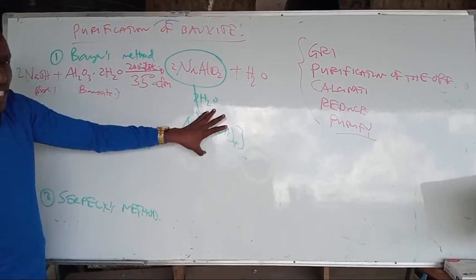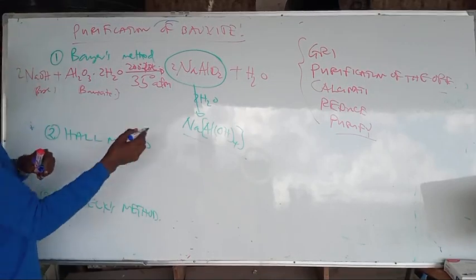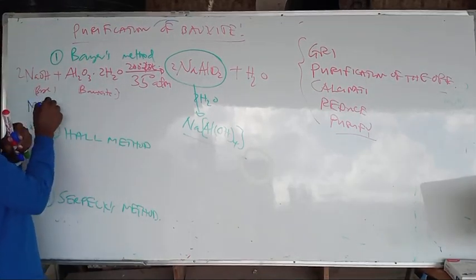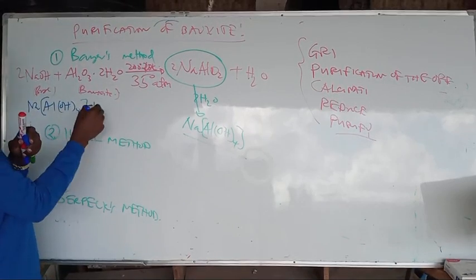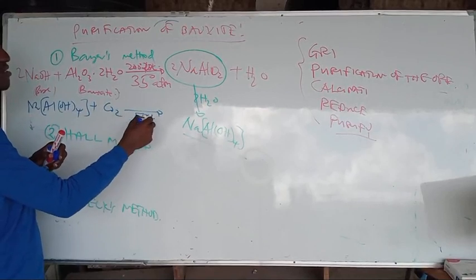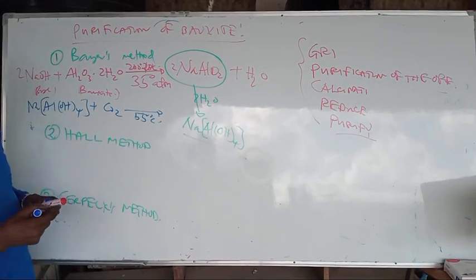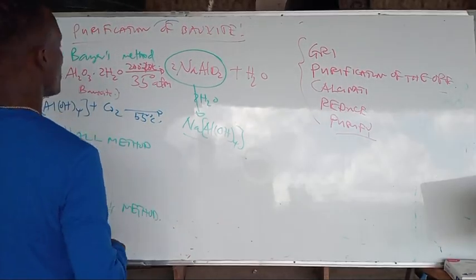This is the aluminate. For the second step, this sodium aluminate is added with carbon dioxide at a temperature of 55 degrees centigrade, so as to form aluminium hydroxide.